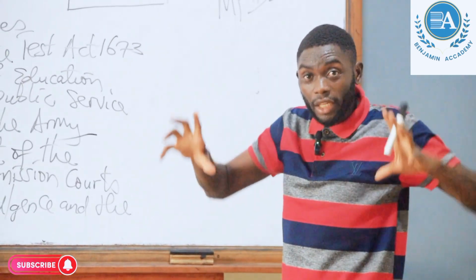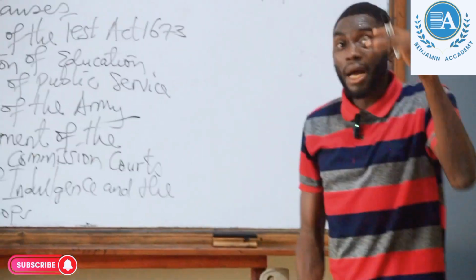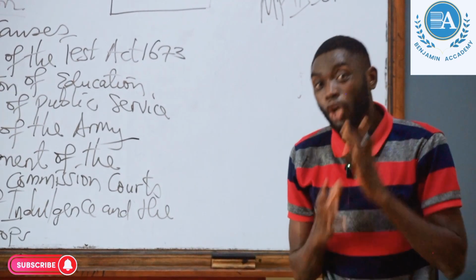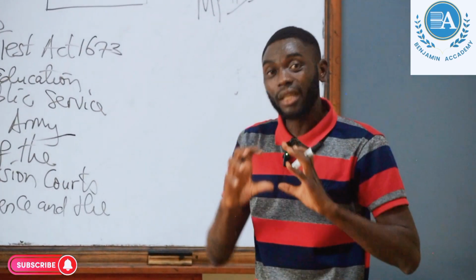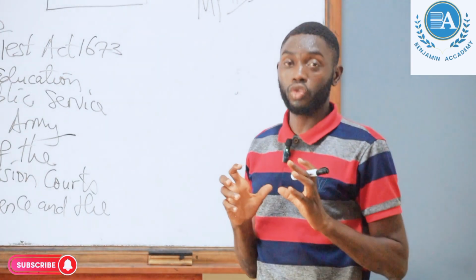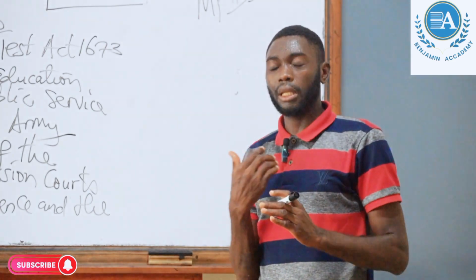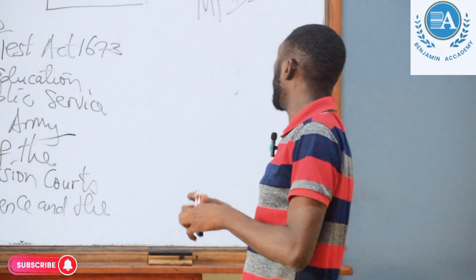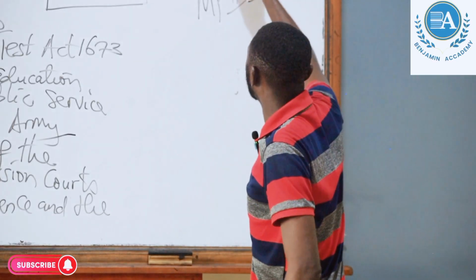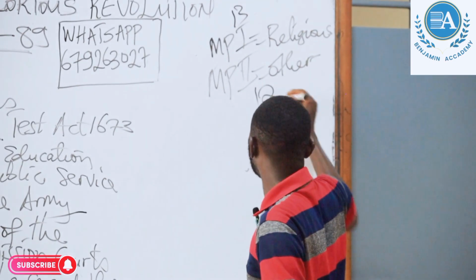You must have an introduction to your question. In the introduction, we will be talking about the revolution, and make sure that you interpret your question in that introduction before you end it. When you have interpreted the question, you now have your main part one. Let's say you are answering this question, and the question is 25 marks. You say the first part is 12 marks, the second part is 12 marks.